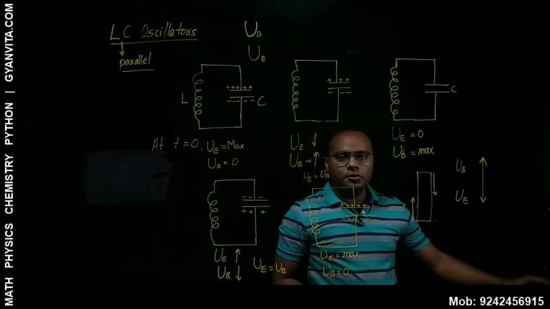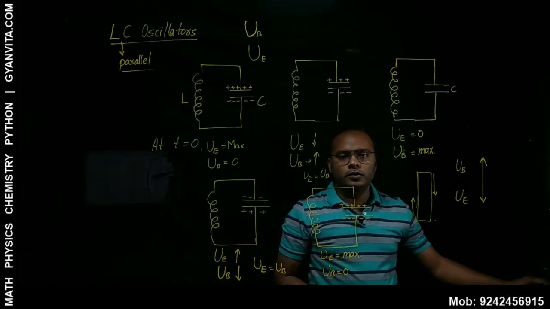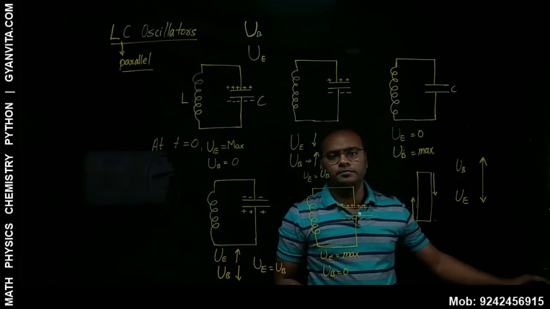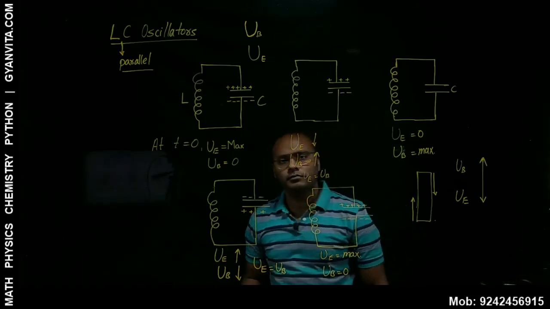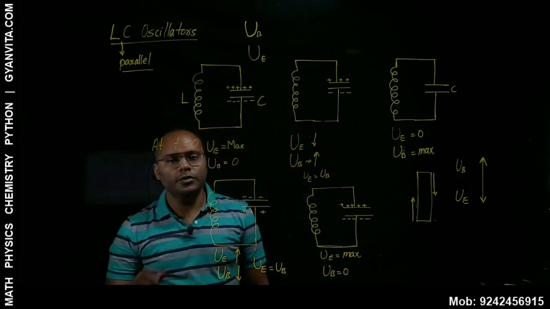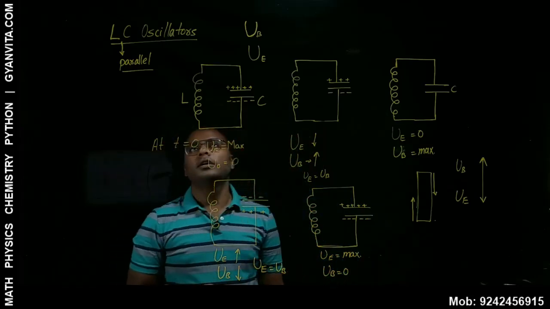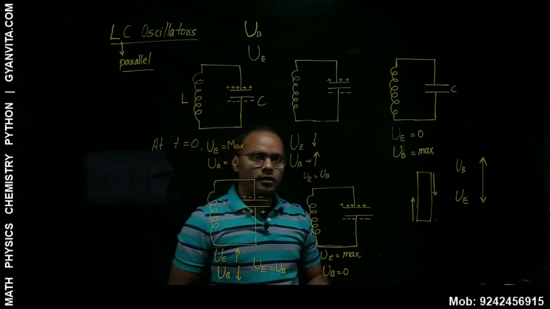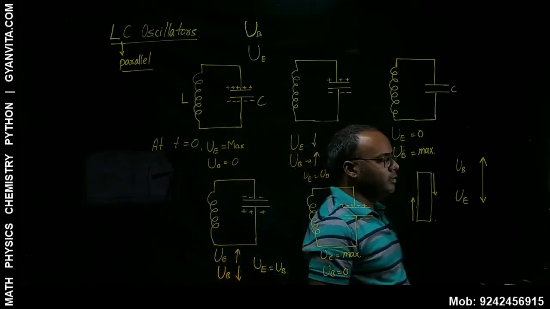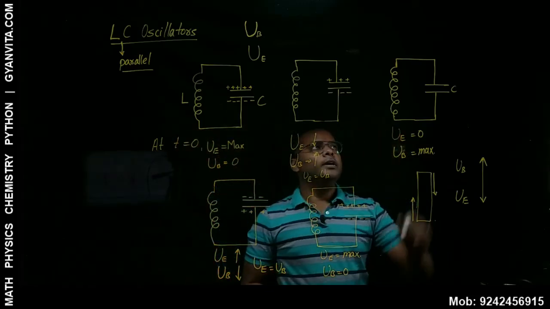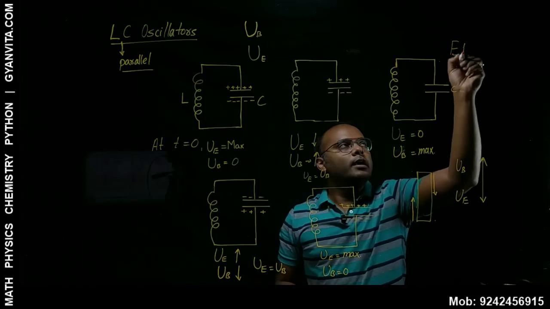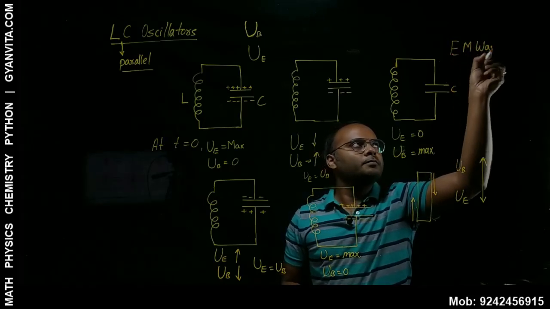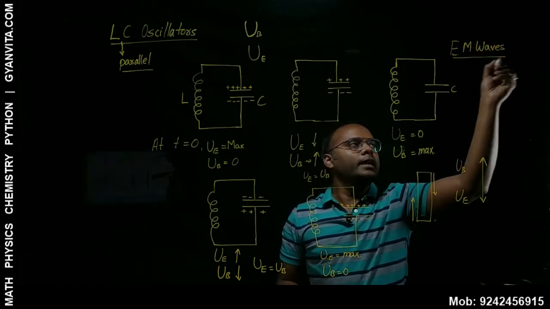Now the question comes, what is the purpose of this? What is the use of such devices, right? That is simple. The use of such devices is to create these oscillations of electrical energy and magnetic energy. Now compare it with EM waves, that is, electromagnetic waves.